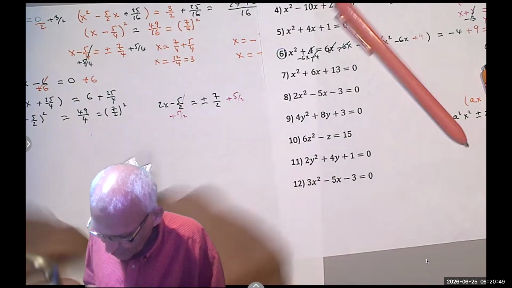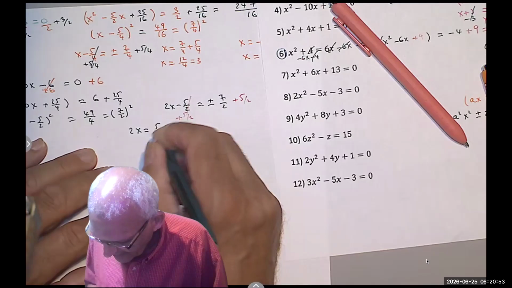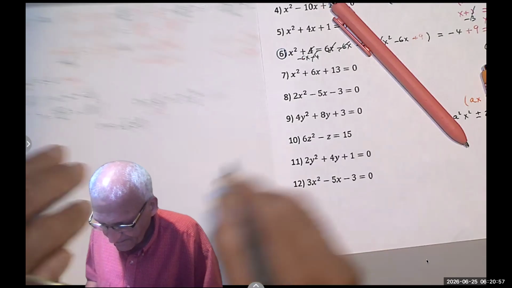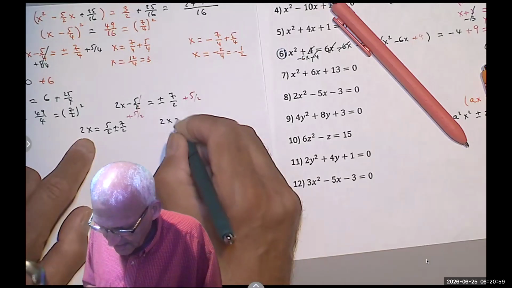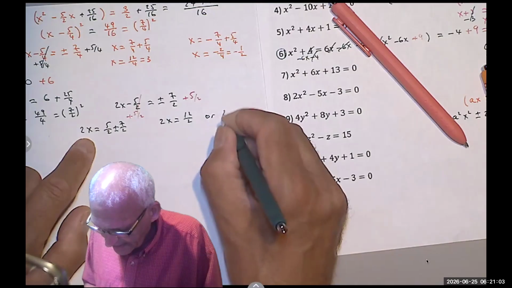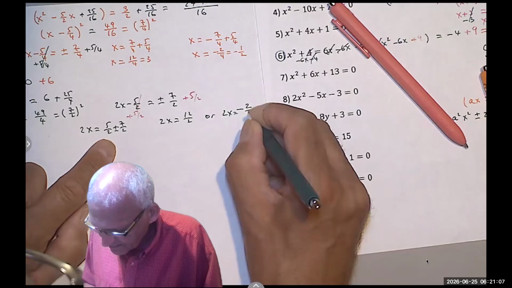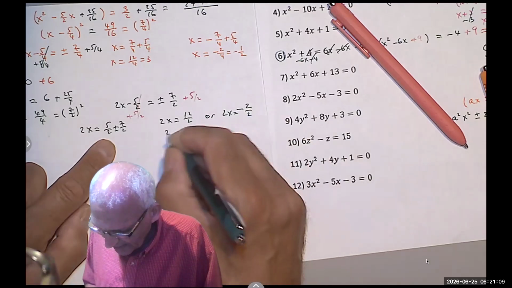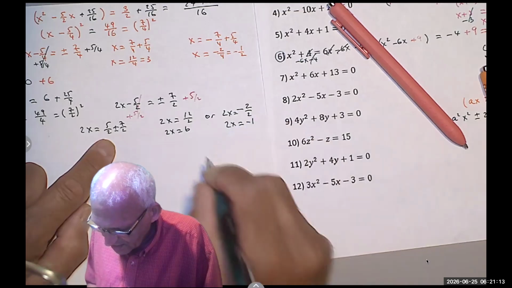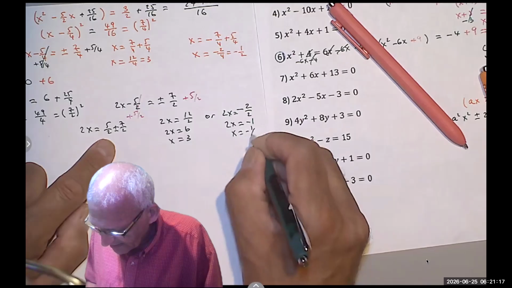And I get twice x equals 5 halves plus or minus 7 halves. 2x is 12 halves, or 2x is negative 2 halves. 2x is 6, or 2x is negative 1. So x is 3, or x is negative 1 half.